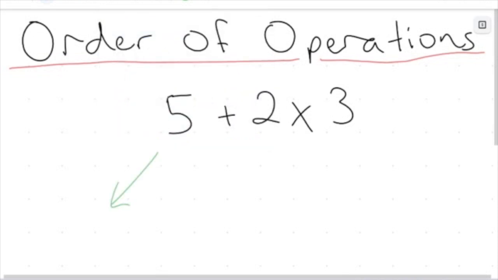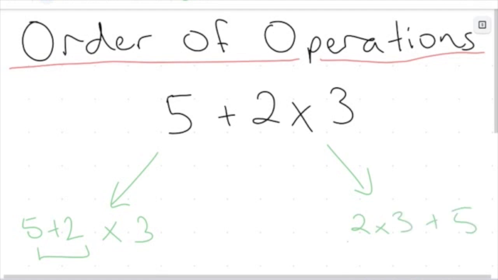Am I doing 5 plus 2 first and then timesing by 3? Or am I doing the 2 times 3 first and then adding a 5? Like, how do we even go about this? We don't really have too much clarity when we get a question like this.